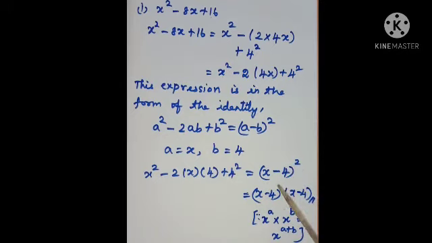We know that by using the exponent rule, x power a into x power b is equal to, if the bases are same, we have to add the exponents, that is x power a plus b. So by using this exponent rule, we can write x minus 4 the whole square as x minus 4 into x minus 4, which is the factorization form of the given expression.